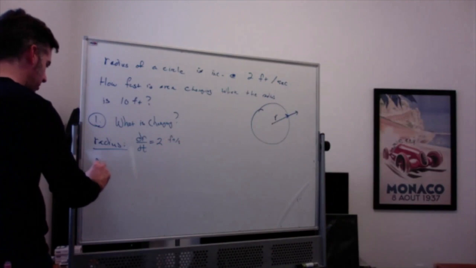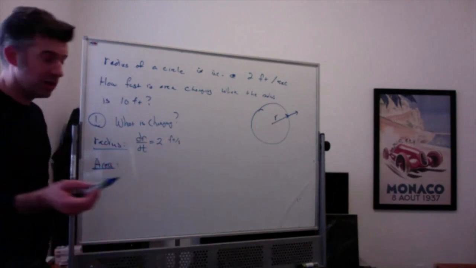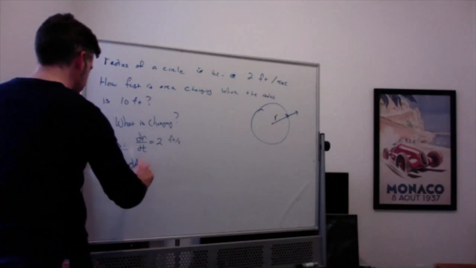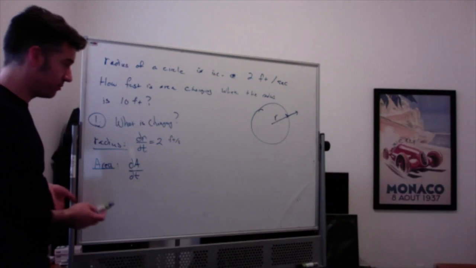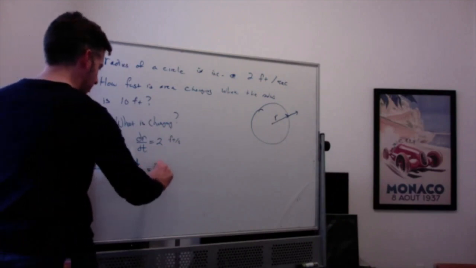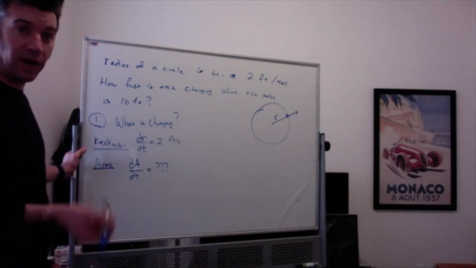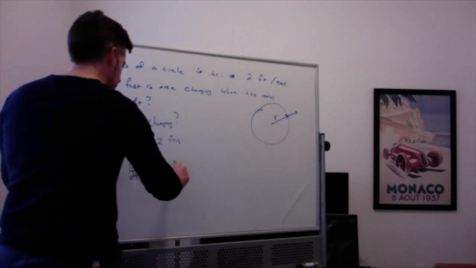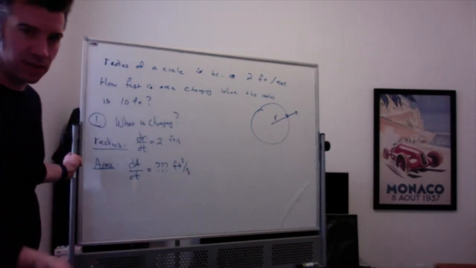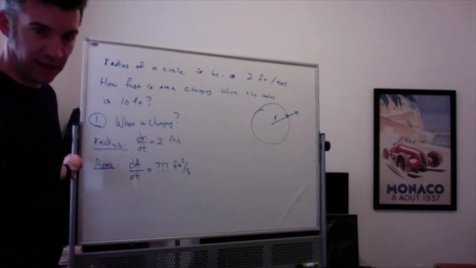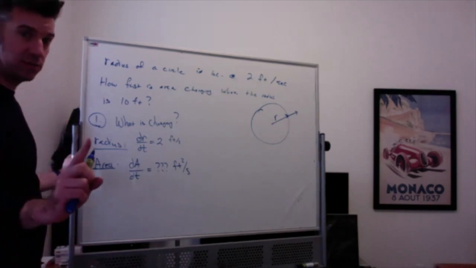And my area, I don't know how the area is changing, but I want to. So I'm going to write down dA/dt, the rate of change of the area with respect to time. And it's equal to, I don't know, although I can talk about the units. The units for how area is changing should be square feet per second, or square unit of measurement per unit of time. Okay, so that's step 1, identify what's changing.